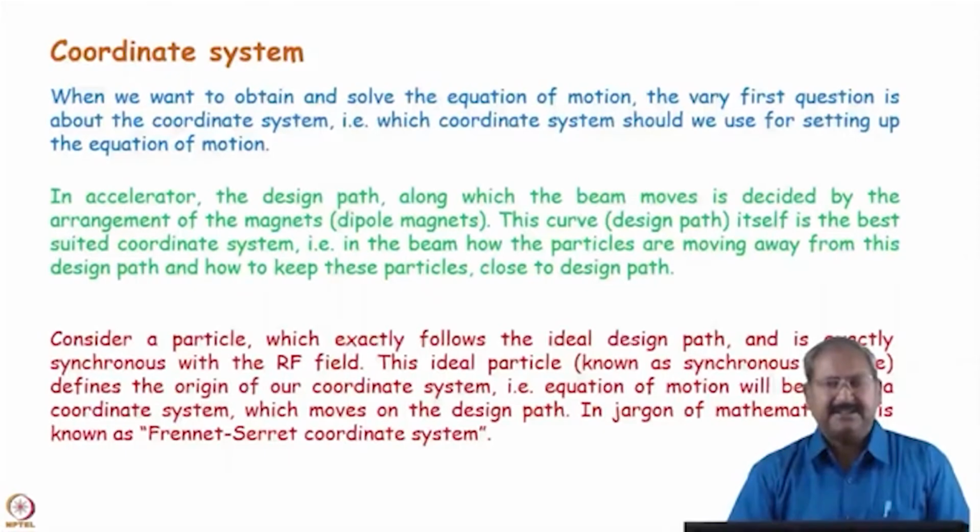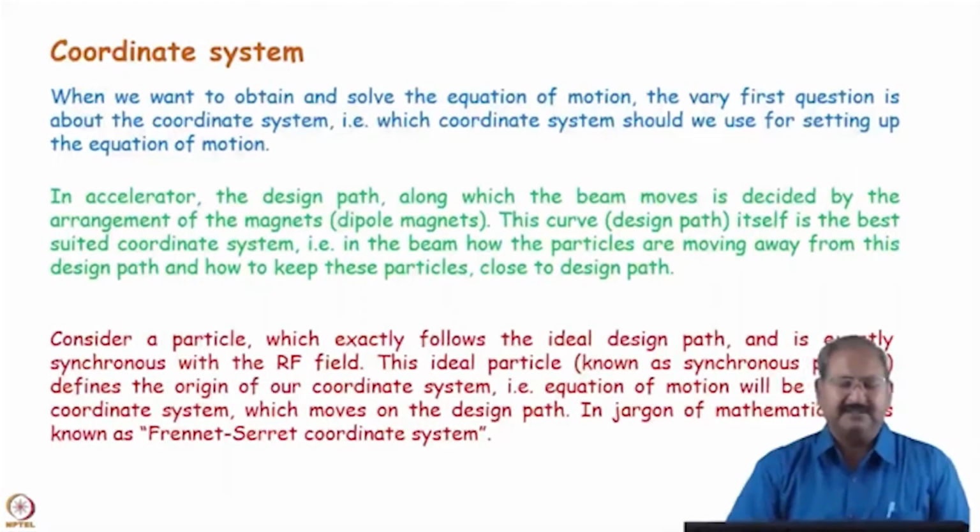So the design trajectory is decided by dipole magnets, and a particle which follows exactly the design path or ideal path with the correct energy, and reaches the RF cavity at the correct phase, we say is a synchronous particle, because it is synchronous with respect to the RF phase and it is exactly going on the design trajectory. We will take this synchronous particle as the origin itself, and with respect to this synchronous particle we study the motion of other particles.